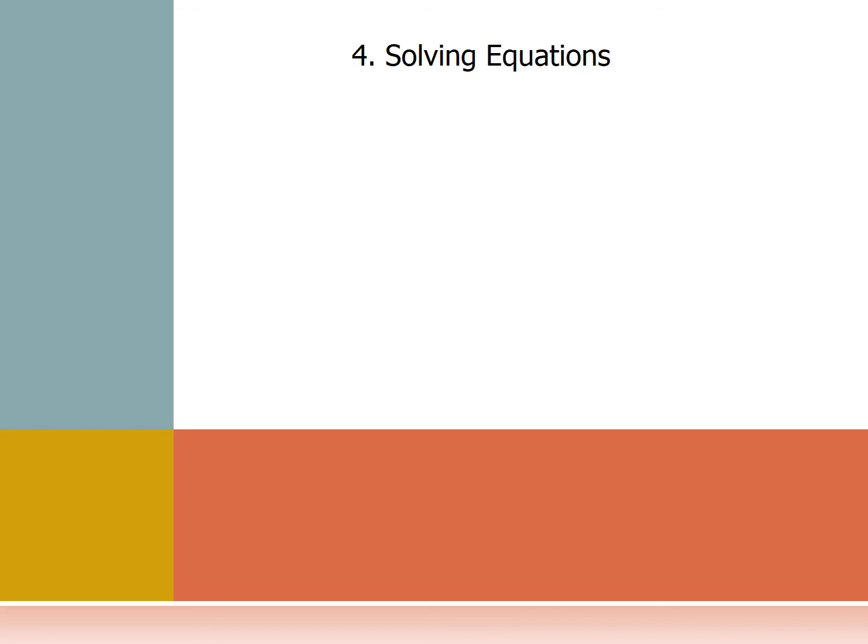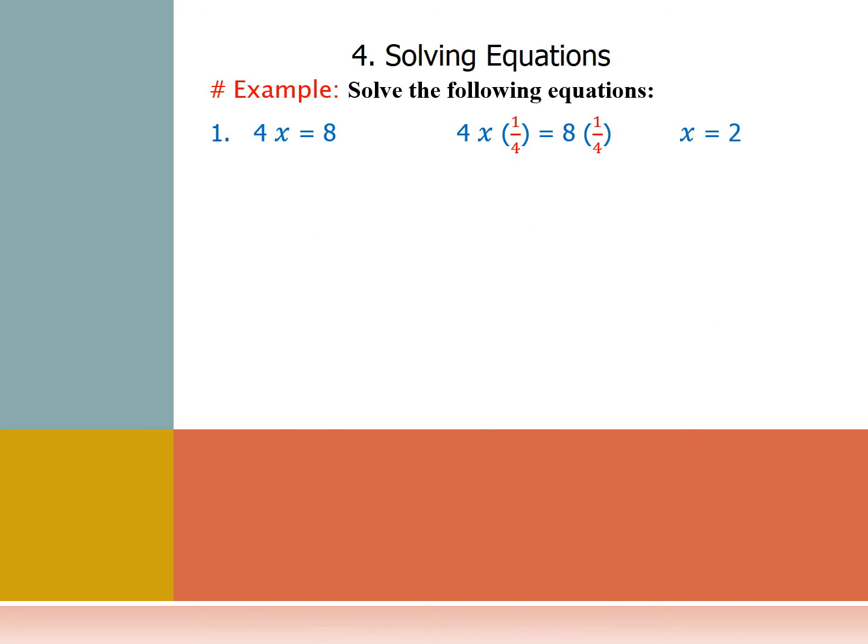Solving equations is lesson number 4. Solve the following equations. The first one, 4x is equal to 8. Multiply by the reciprocal of 4, which is 1 over 4, to get rid of 4 and let x be alone, or you can divide both sides by 4.